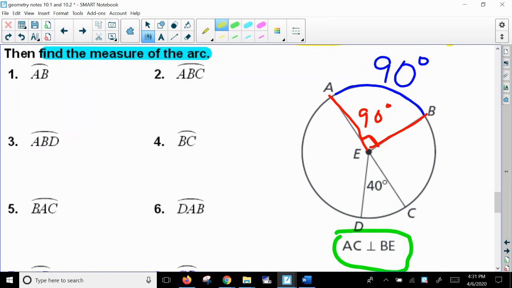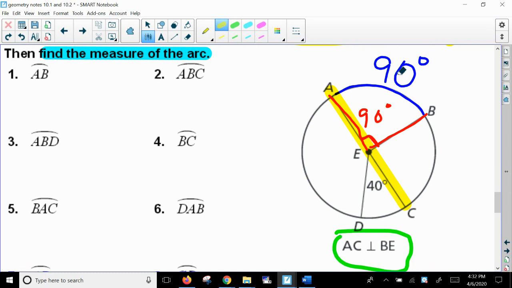What else do I notice in this circle? We talked about special segments. Look at segment AC from A to C. What kind of segment is that? Segment AC is a diameter. What do diameters do to a circle? It cuts it in half. How much is half of a circle? 180.